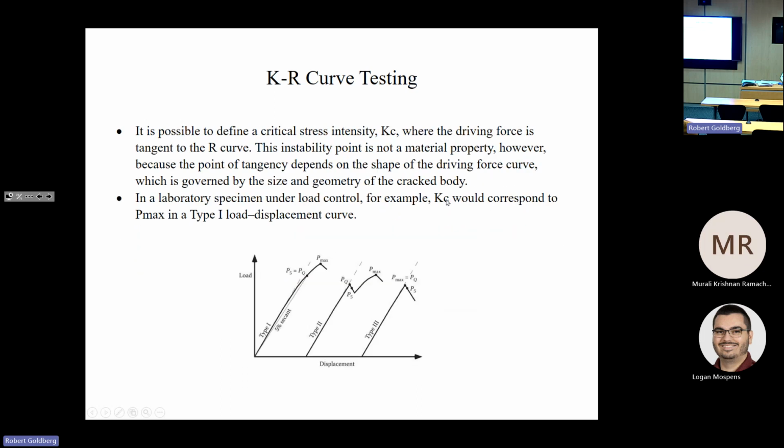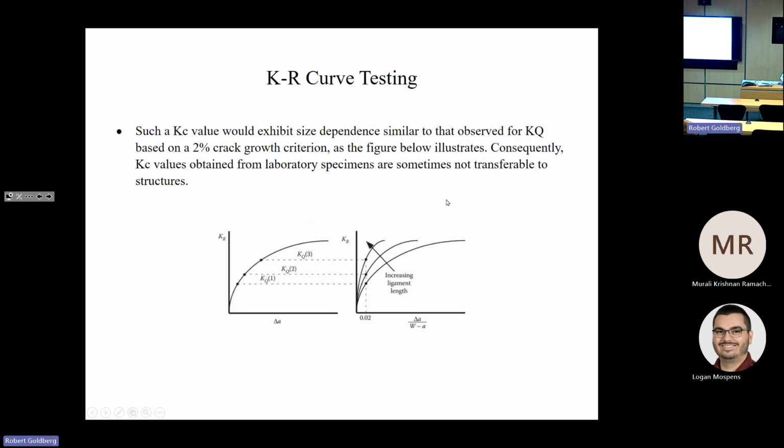So for a laboratory specimen under load control, in this case Kc could also correspond to Pmax in a type 1 load displacement curve. And such a Kc value would exhibit size dependence similar to that for KQ based on the 2% crack growth criteria, as we talked about, as shown here.